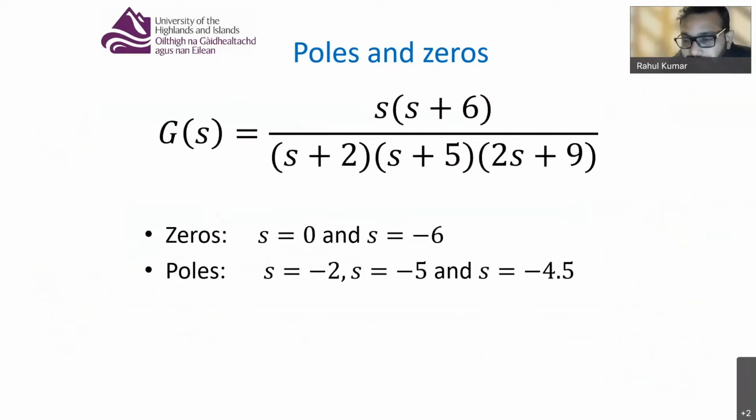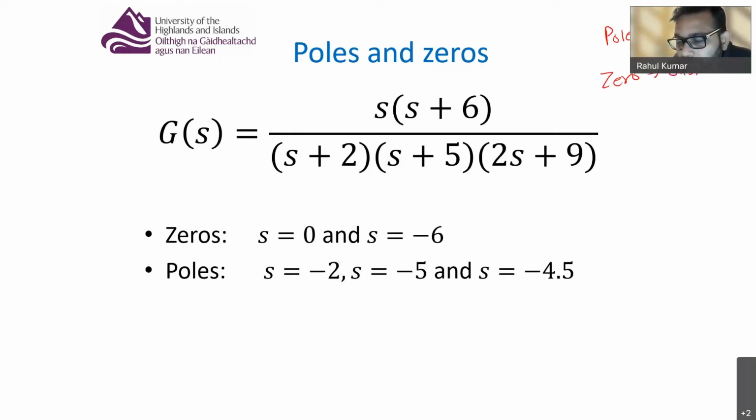Okay. So let's take another example over here. Poles make my transfer function infinite. Zeros make my transfer function zero.